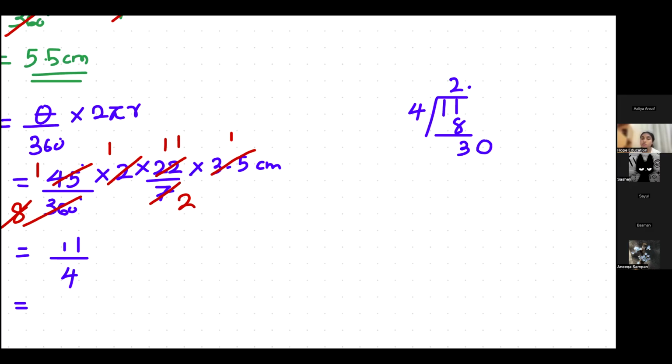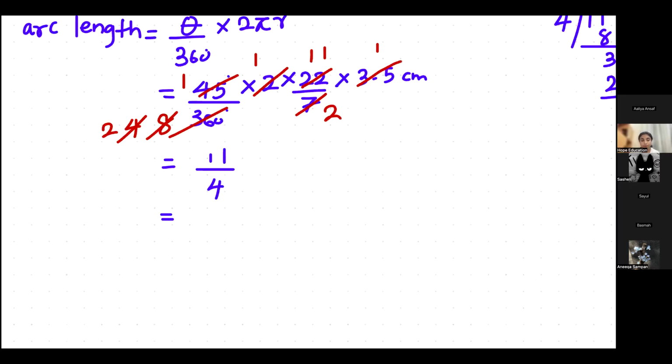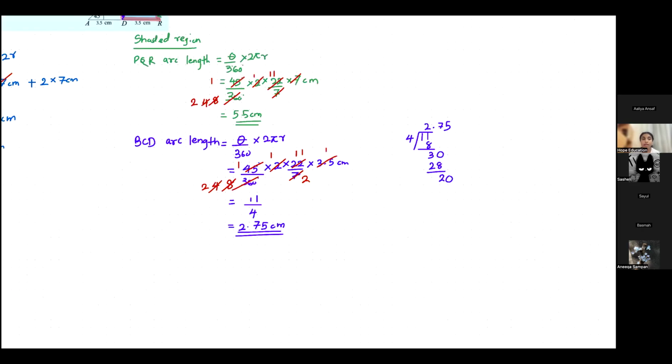So 4 times 7 is 28. 30 minus 28, 2 remaining. I put another 0. Then 4 times 5 is 20. So I get the answer as 2.75. These are just the arc lengths. Now I have to find the perimeter.